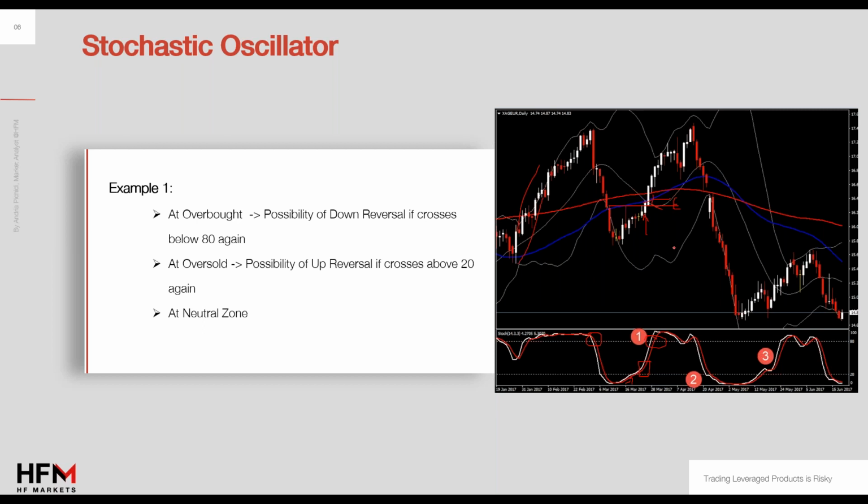The exit can be taken as soon as stochastic turns below 80. So that could be a nice exit level, or even that one. Obviously, you need to combine it with your price action. So these two negative candles in combination with the fall below 80 was a nice exit level.